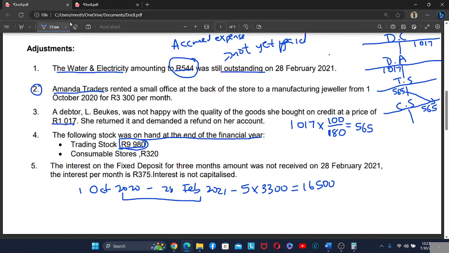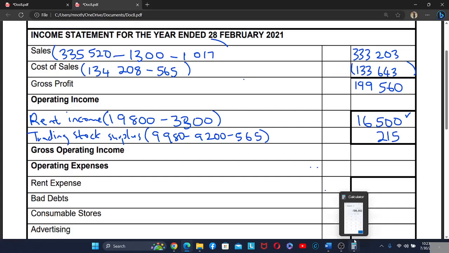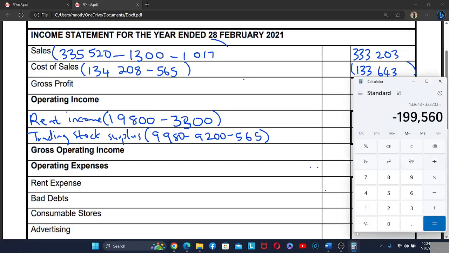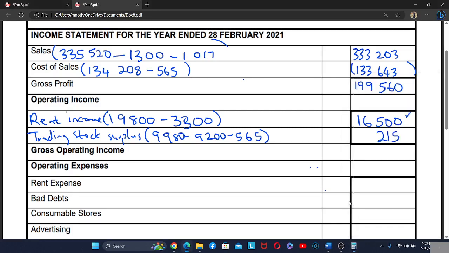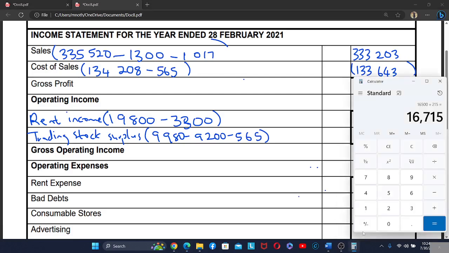Okay. So let's add this up. 16,500 plus 215, which is going to be 16,715. I'm just comparing because maybe it's not this one.